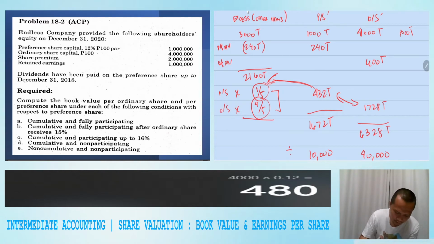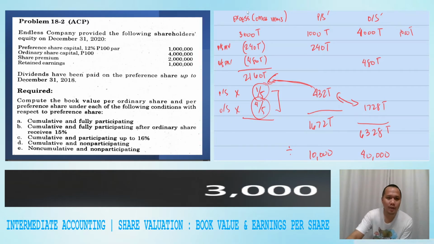So that is 480,000. The excess we will have is 3 million minus 240 minus 480, that is 2,280,000.